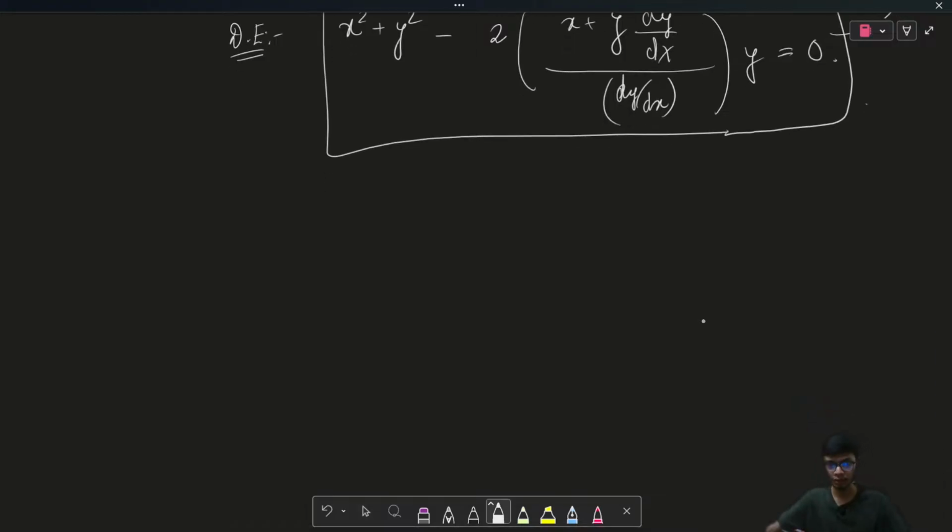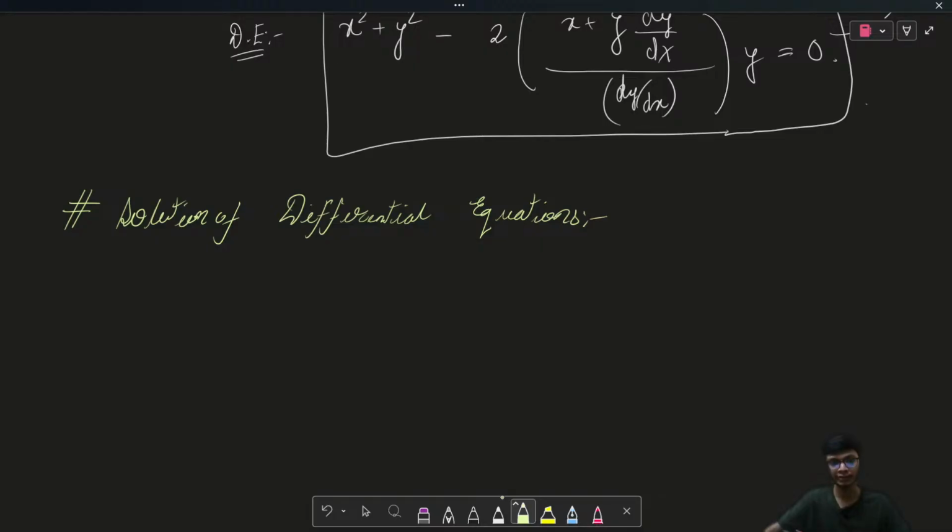So let's start today's topic, the solution of differential equation. I'm going to start with the very first method, that is variable separable form.